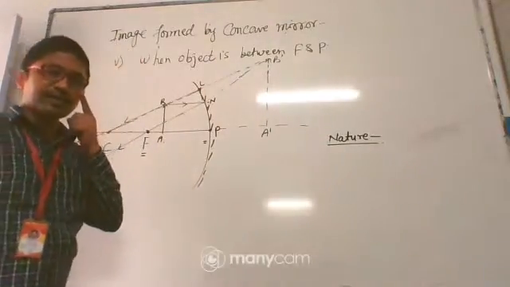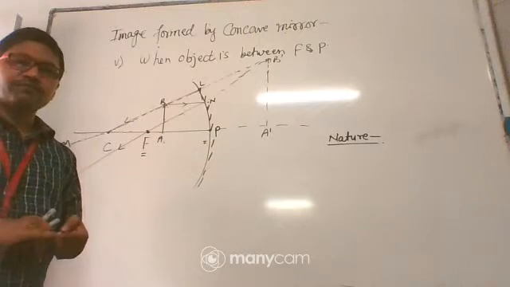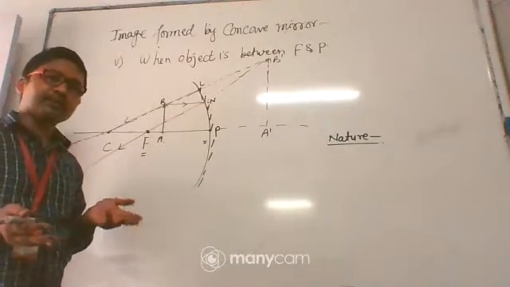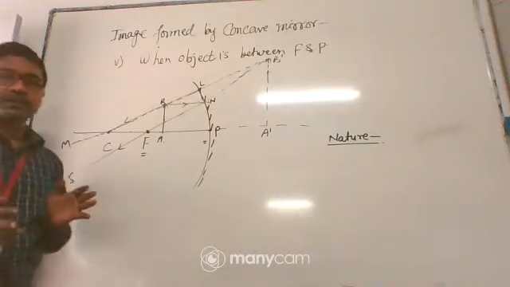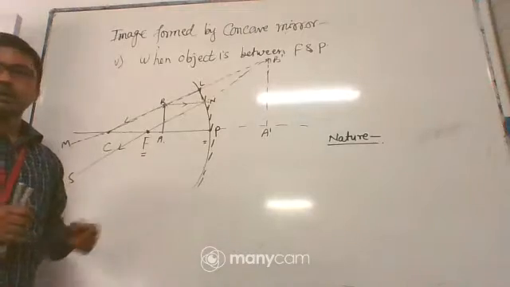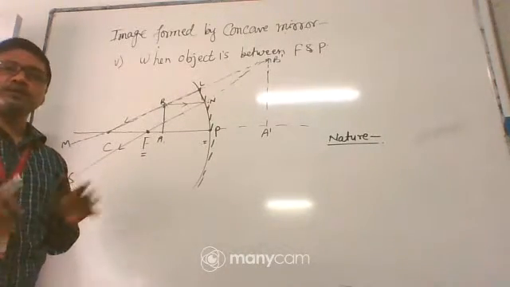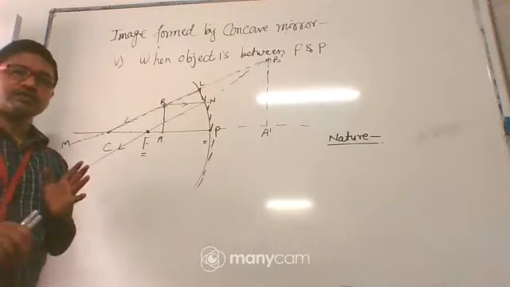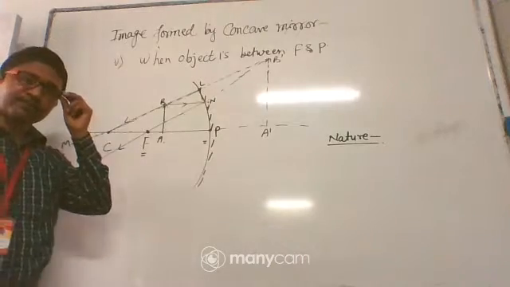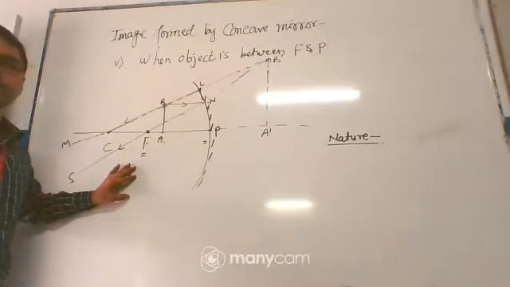Students, make sure about one point. Whether the image is real or virtual, both images can be seen by your eyes. But if the image is real, you can see that image on the screen, and if the image is virtual, you cannot see that image on a screen. Okay, so this is the basic difference between virtual and real image. Some of you have a misconception that we cannot see a virtual image.